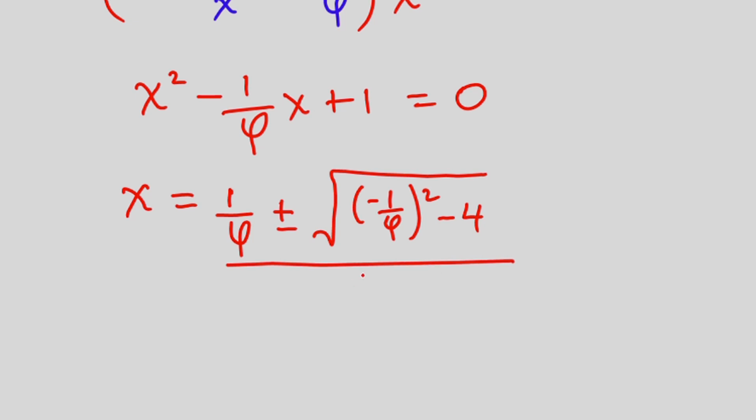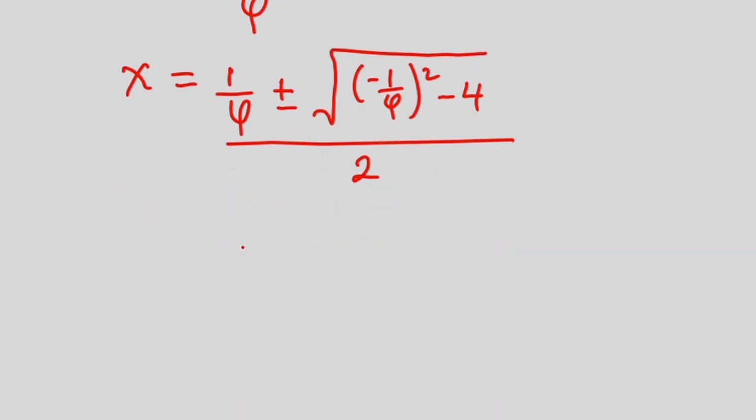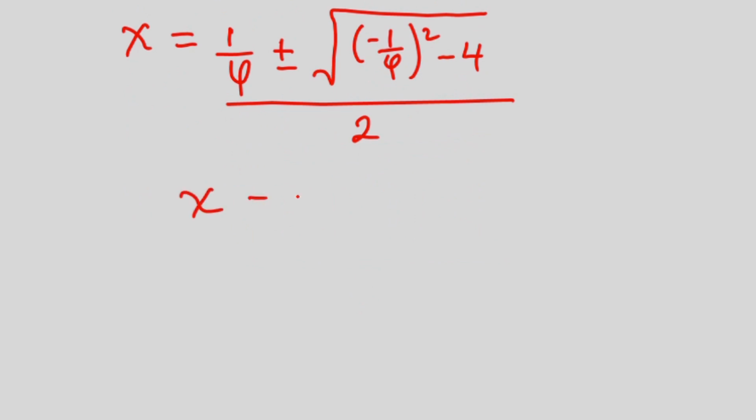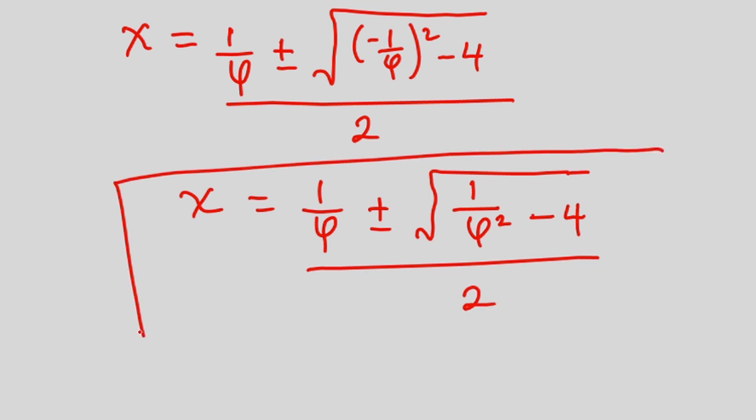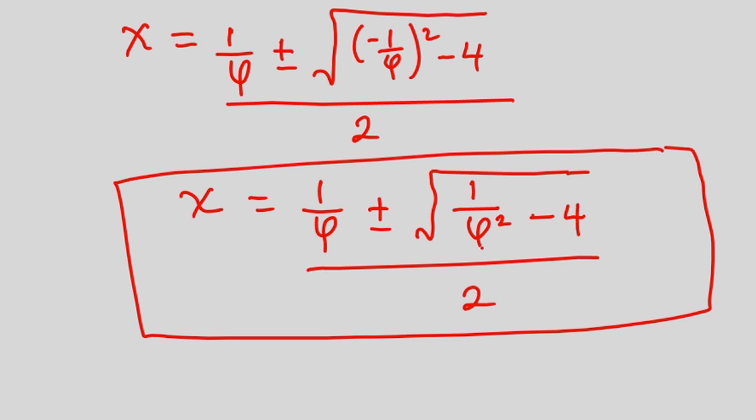Then all divided by 2 times a, where a is 1. So we have this. Now we're going to have x is equal to 1 divided by the golden ratio plus or minus square root of 1 over the golden ratio squared minus 4, then all divided by 2. And guess what? This is one of the solutions. I mean, there are two if we split them, right?